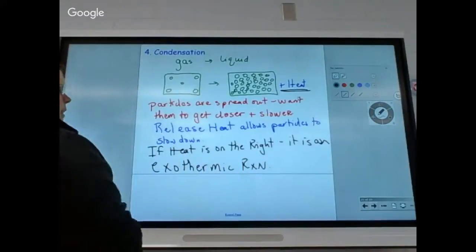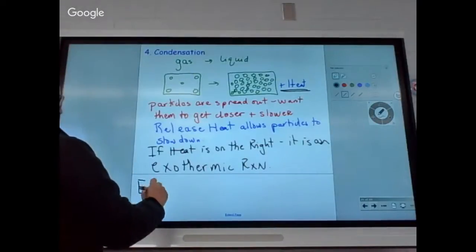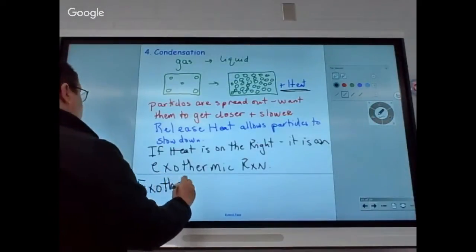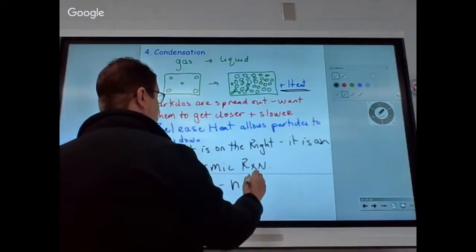Okay? So, what does exothermic mean? Does that mean absorbed or released? Okay, so heat is released.